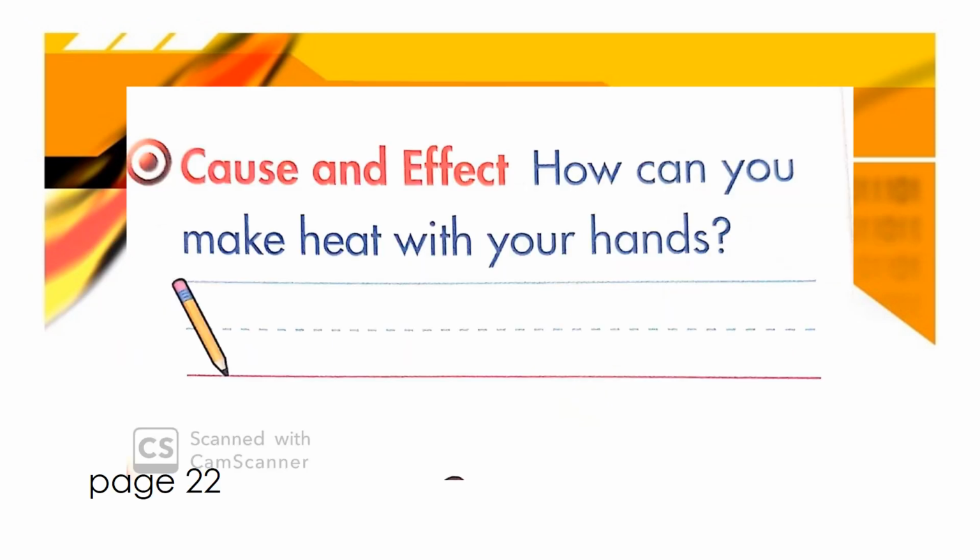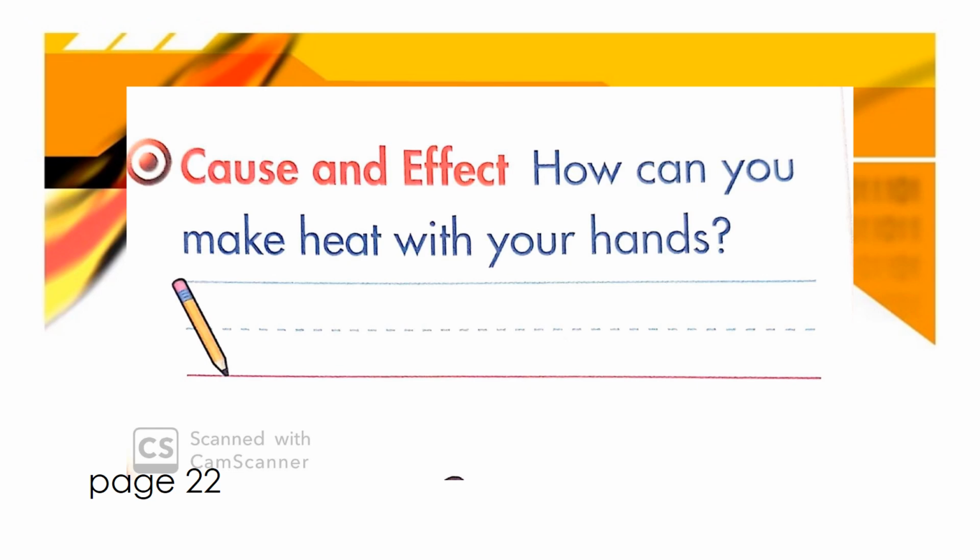This time, look at the bottom part of your textbook. So there is a question that you need to answer about a cause and effect. Look back at the activity that we did a while ago. This will help you answer this question. How can you make heat with your hands? Don't forget to prepare your pencil.